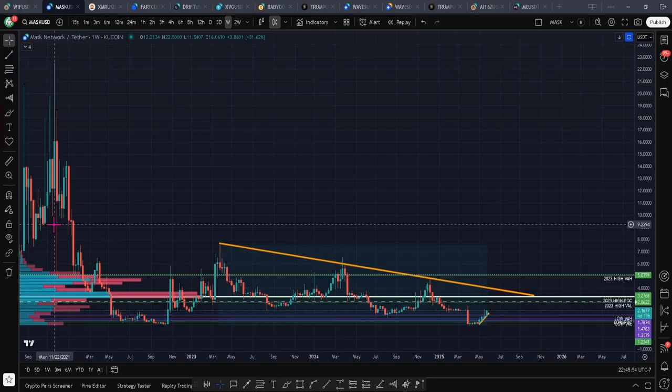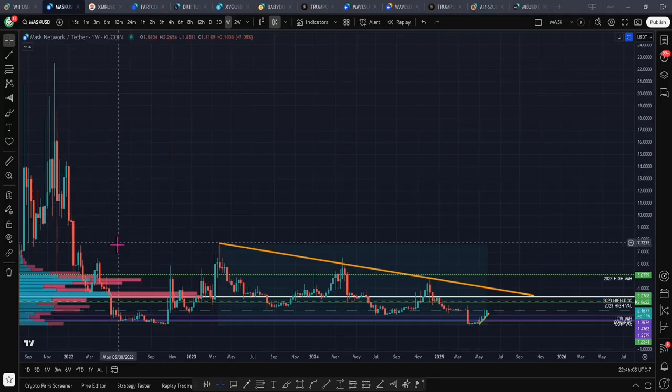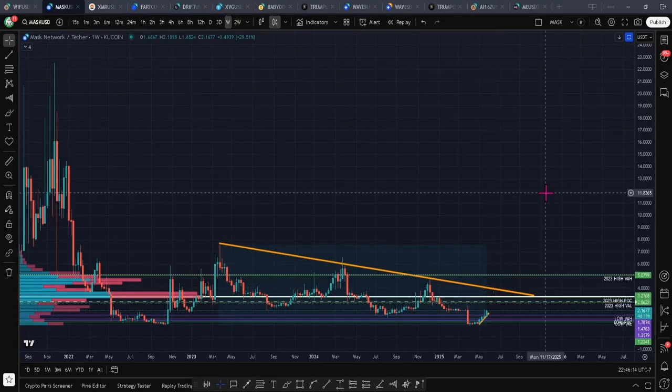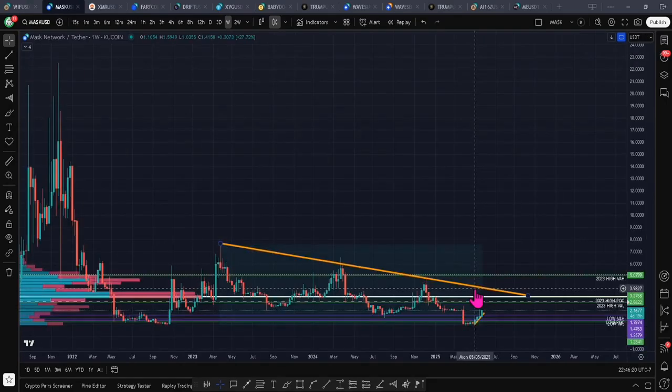We have to cover pretty much 4 years of downtrend in the next 6 months. So this is probably the most important thing you've ever heard about altcoins. This is how and why we move so fast. The coins that downtrended for 3.5, 4 years pop off in a compressed amount of time, right? So that's how we get these crazy numbers.